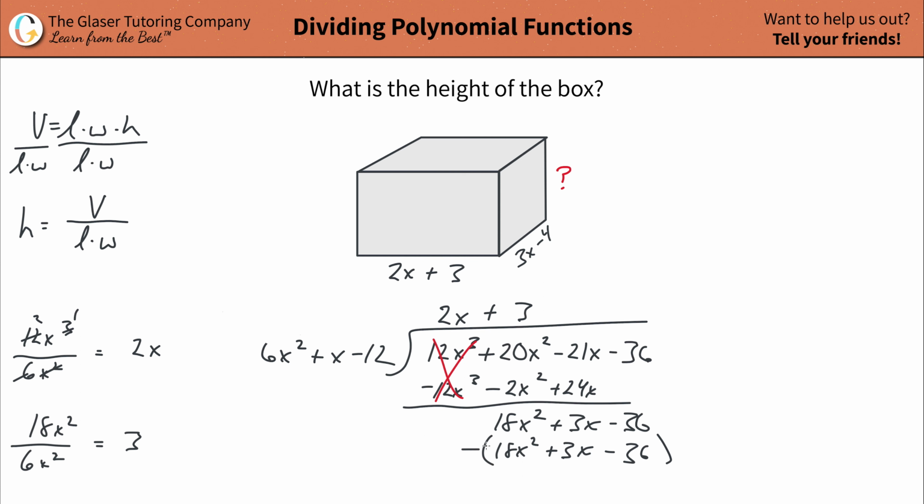And then all you have to do now is distribute the negative sign to each term. So the first two are negative, the last one is going to become positive. Then just add them together. And look, boom, boom, boom. And your answer for the height is 2x plus 3.